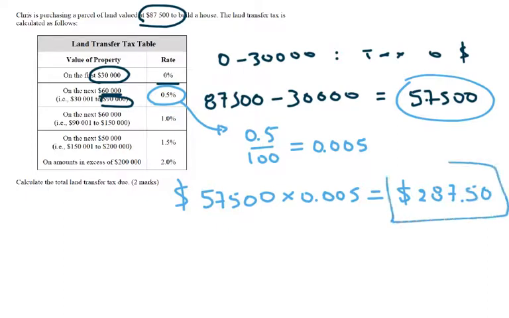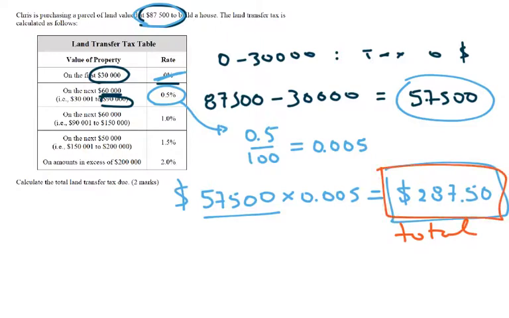Okay, and that's the only thing that he needs to pay, because for the first 30,000 he pays nothing. For the rest, so that's the 57,500, he needs to pay the 0.5%. So the total tax that he's going to pay is this one here in the end.